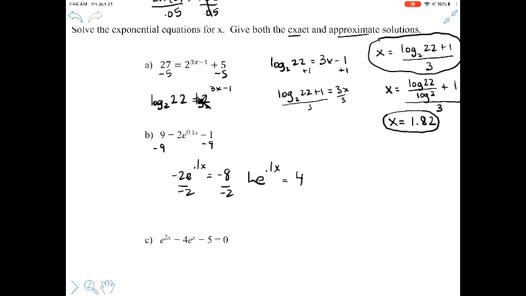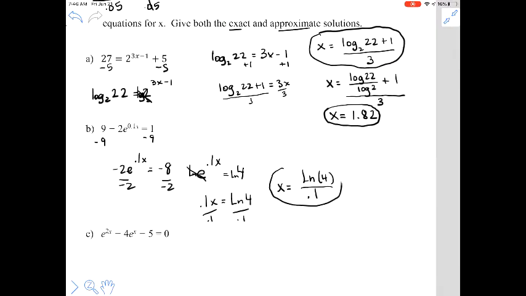Now we can use natural log to cancel the base e. And I have 0.1x equals natural log 4. Then divide by 0.1. So x equals natural log of 4 divided by 0.1.